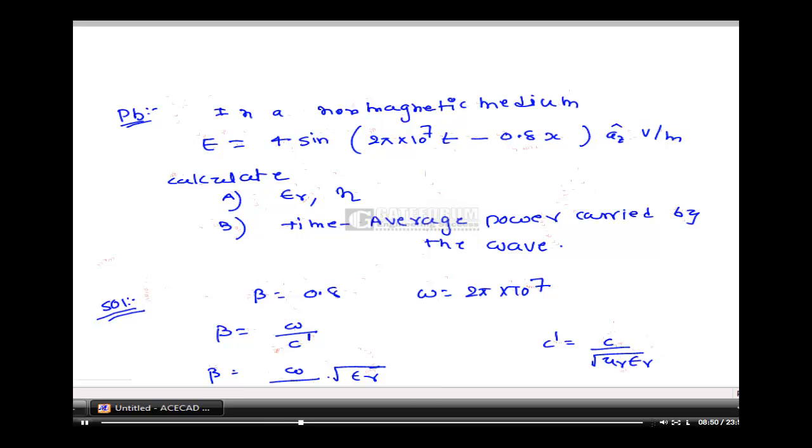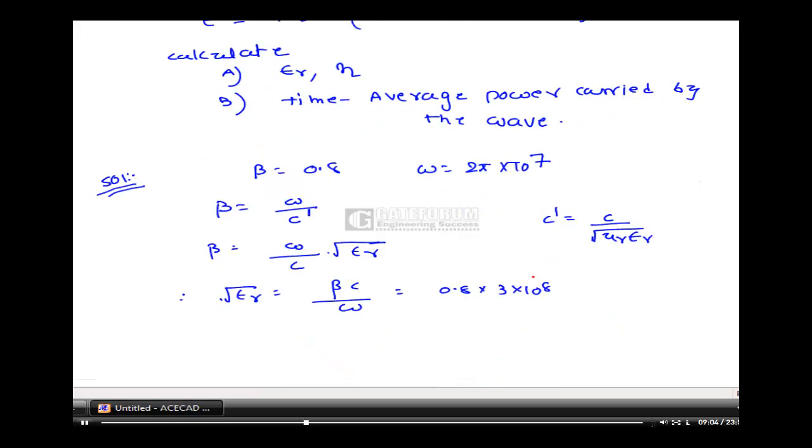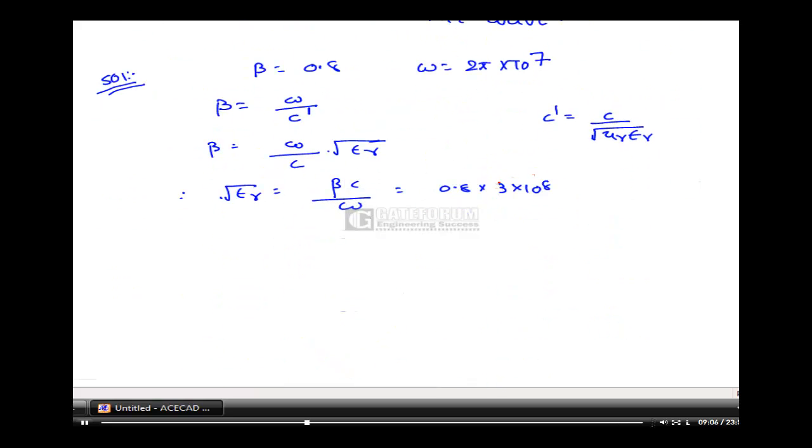Therefore, square root of epsilon r is equal to beta C by omega. Beta value is 0.8 into C, 3 into 10 power 8, divided by omega, 2 pi into 10 power 7.